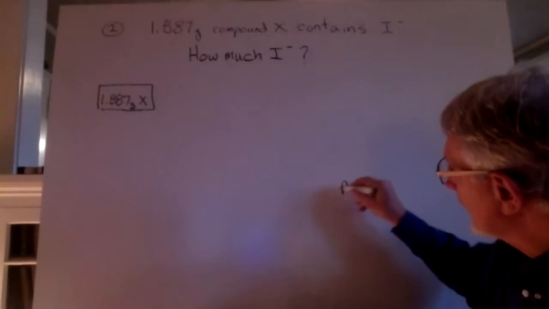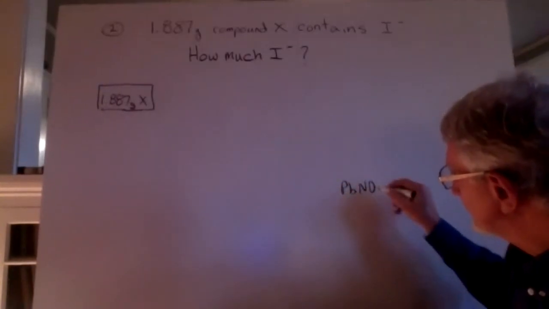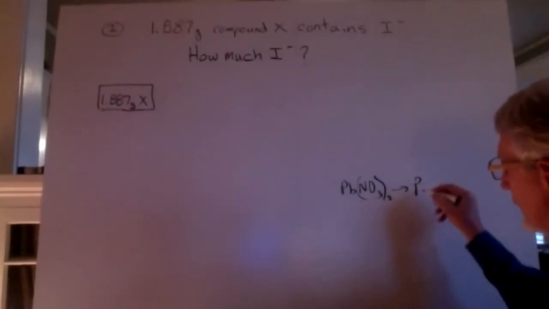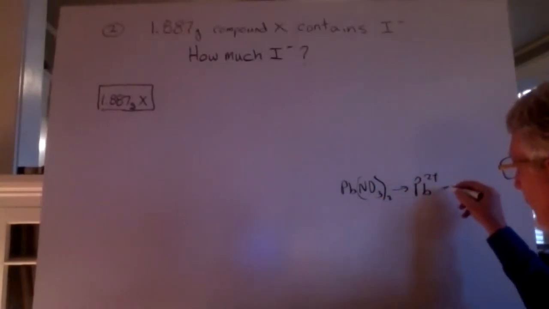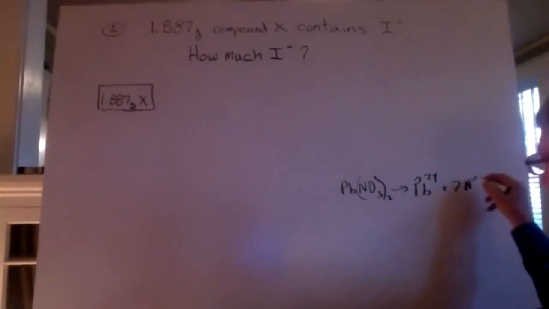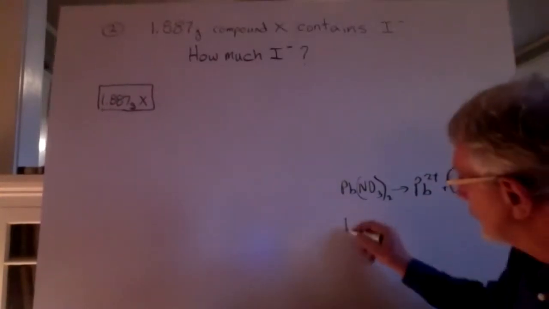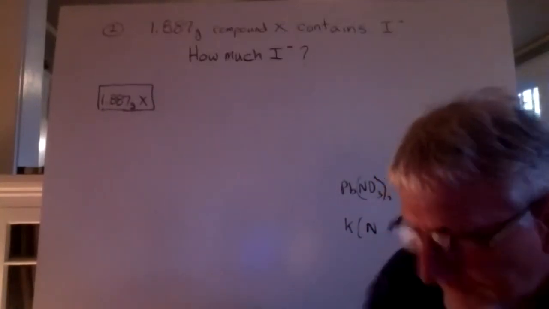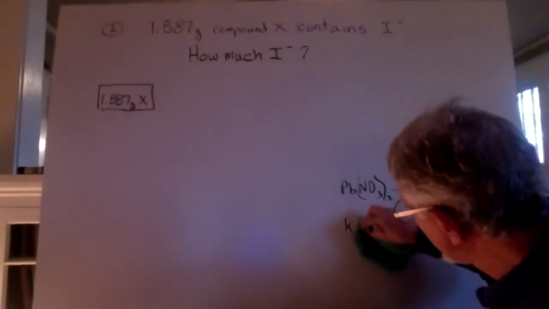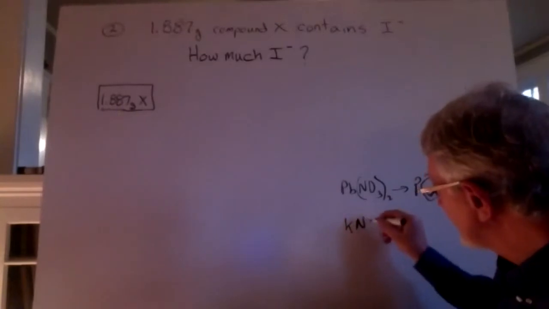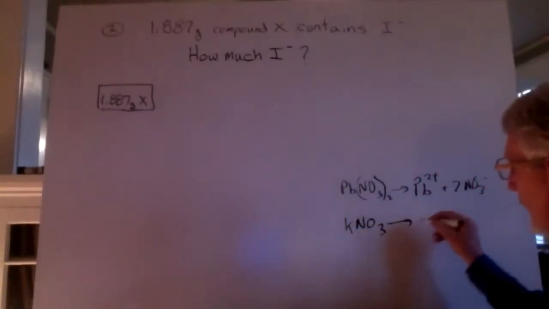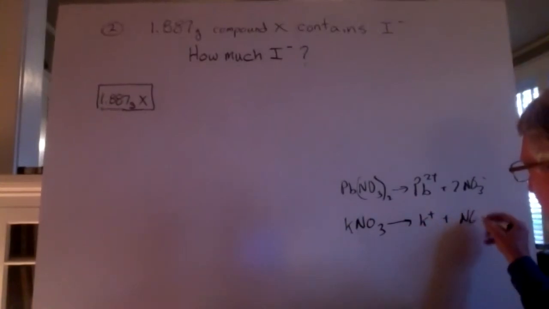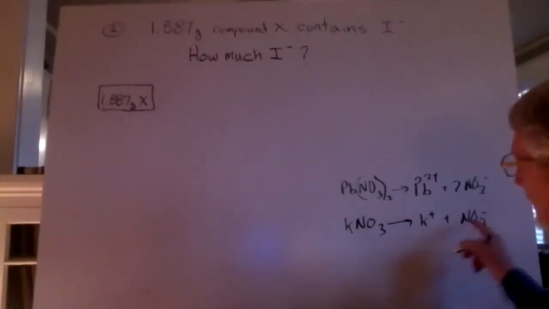If we do lead nitrate, when it dissociates, we get Pb2+ and 2 nitrate ions. And if we do potassium nitrate, KNO3, this is an ionic compound as well. When it goes into water, it will produce potassium ion and nitrate ion.